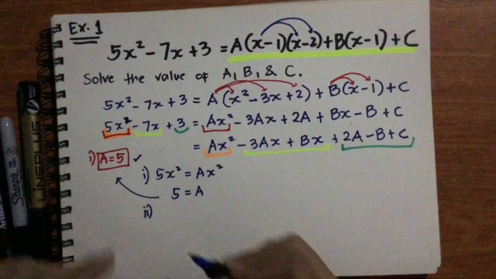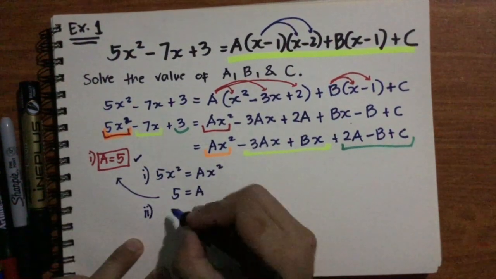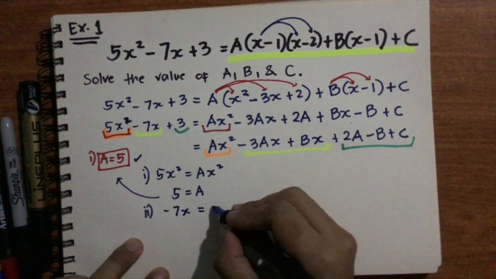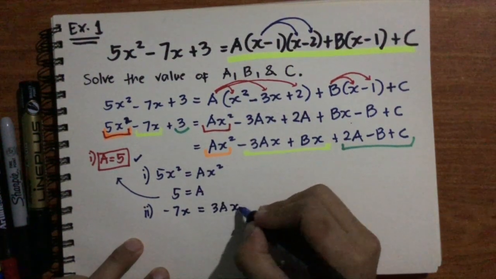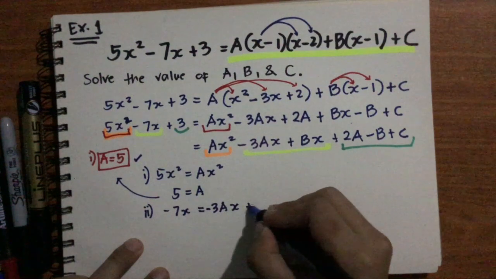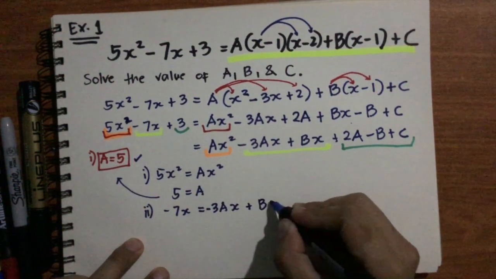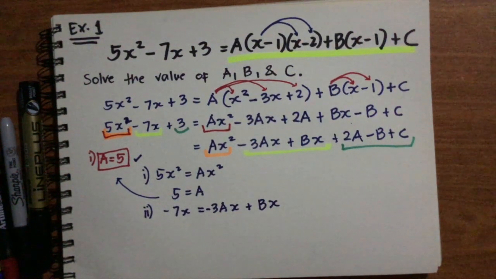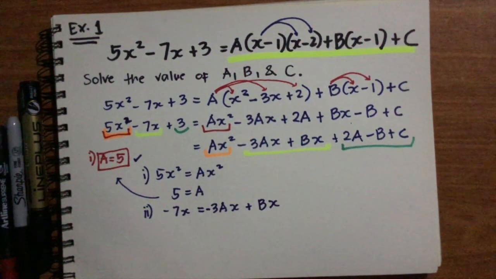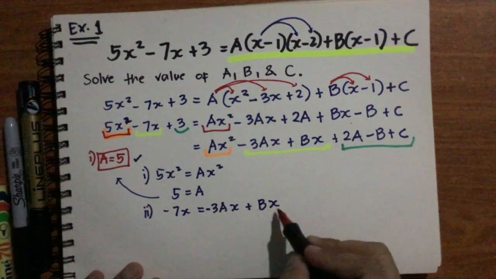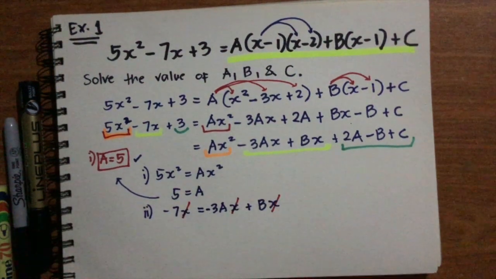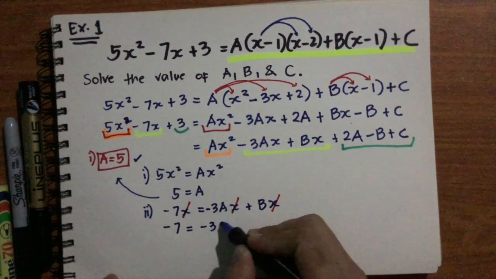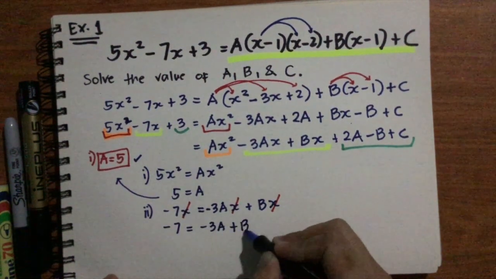Second, we equate the ones that have the same variable. So negative 7x is equal to negative 3ax plus bx. So how do you solve the value of b here? Now, since all of the terms have x, we can cancel x, leaving you with negative 7 is equal to negative 3a plus b.